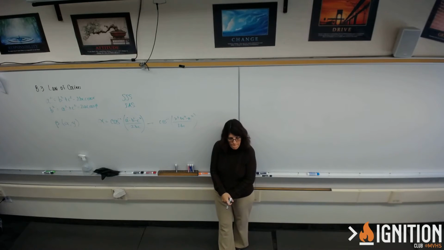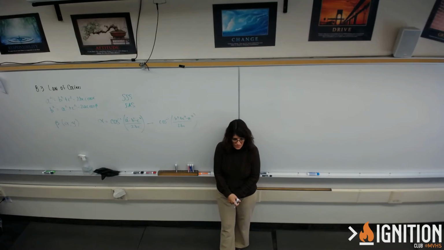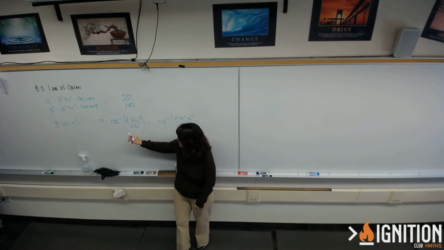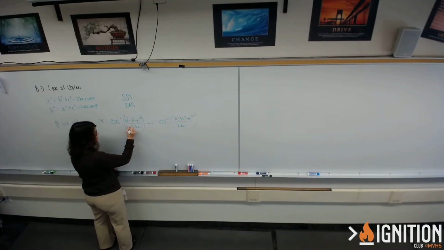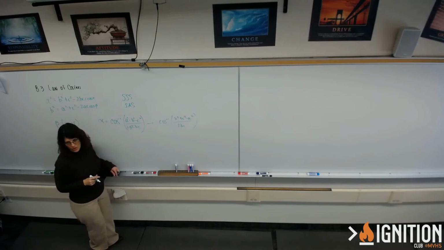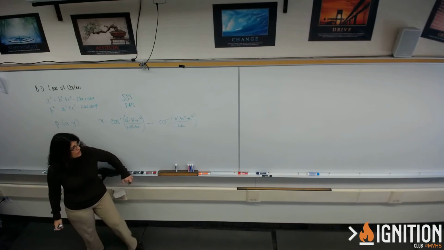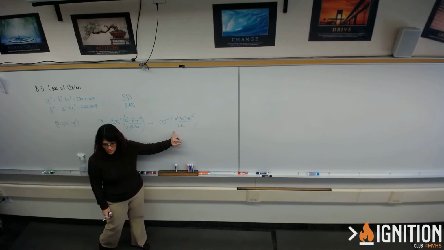Isn't that to divide by negative 2bc? It's a different way, right?